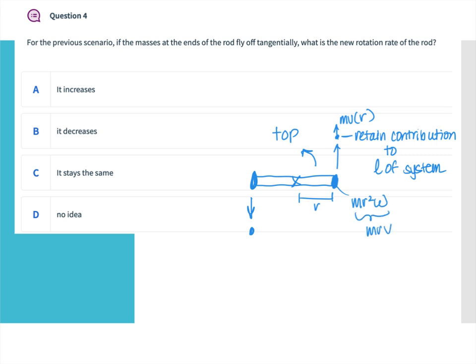So we wrote their angular momentum differently when it was on the rod because we talked about the rotation rate. But when they fly off tangentially, we focus more on their linear motion to write their angular momentum, but it's exactly the same. And so the rotation rate of the rod is not going to change.